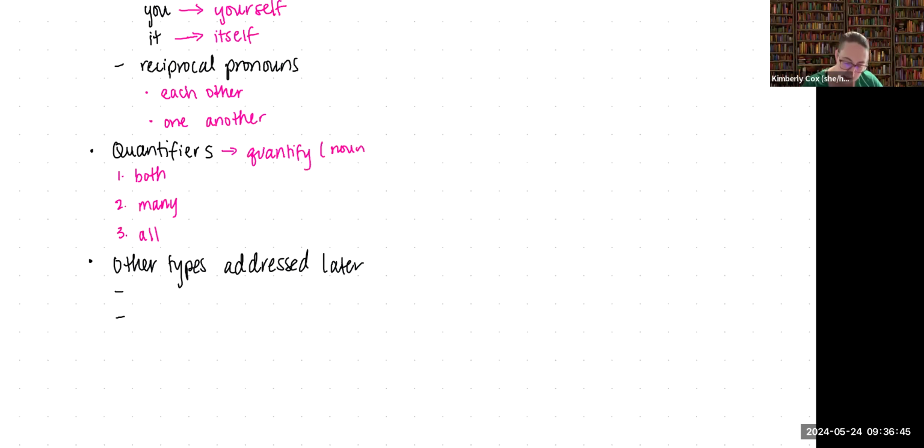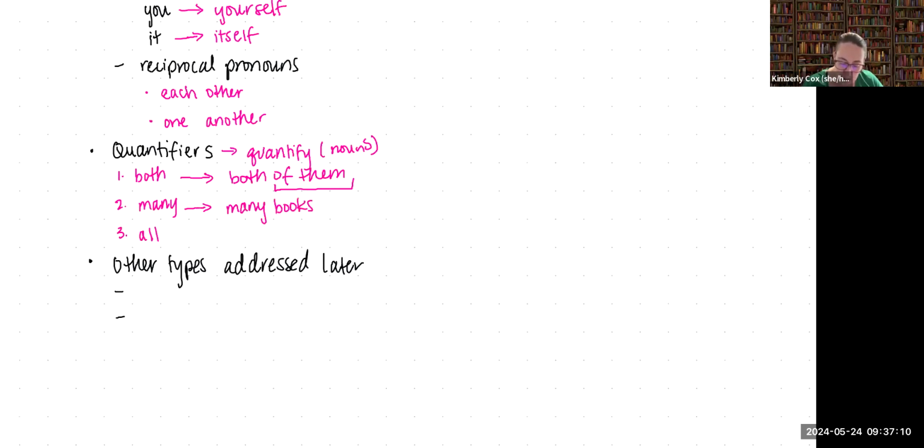So we might, for instance, say both of them. We have to have a prepositional phrase, but both is filling that role, right? Like of that main pronoun. We might say many books.